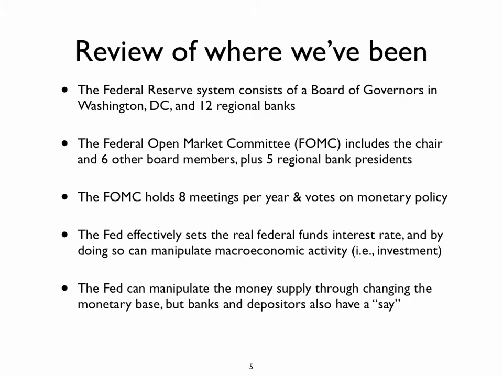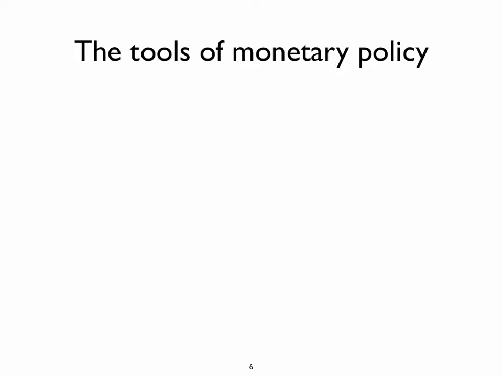The Fed can manipulate the money supply through changing the monetary base, but banks and depositors also have a say in this. And this is part of what's going on with monetary policy, the quantity side of things. Technically, it tends to be the Fed targeting the price involved here, which is the Fed funds interest rate. And so that's what we're talking about today: how the Fed actually sets this rate.